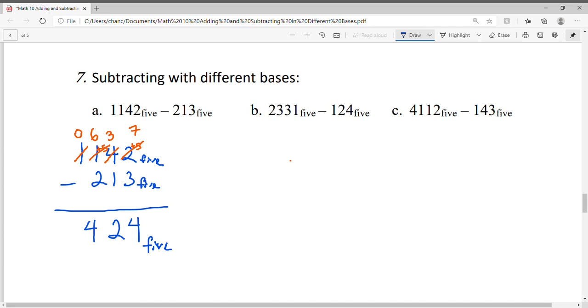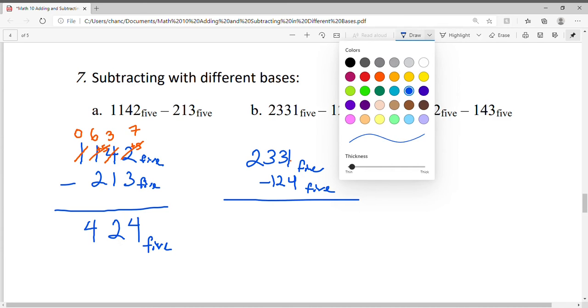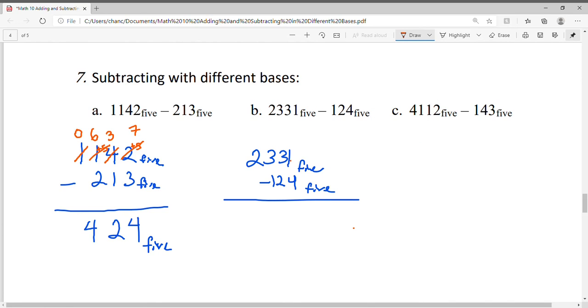Let's try that again. We have 2331 base 5 subtracted by 124 base 5. I know that I cannot take away 4 from the 1, so we'll have to borrow from the 3. The 3 reduces to a 2.